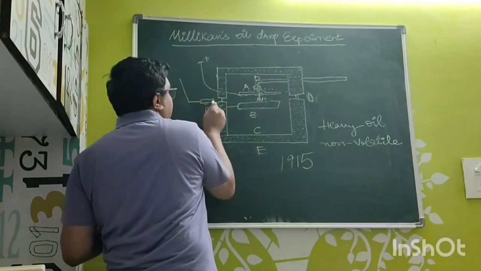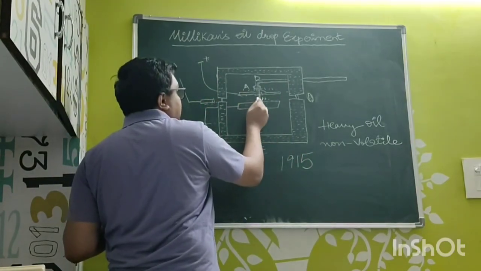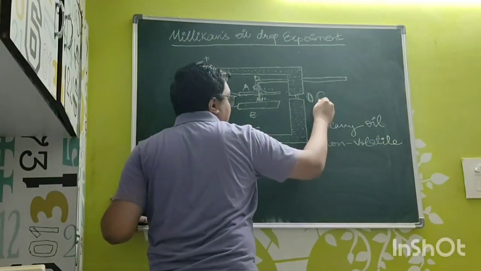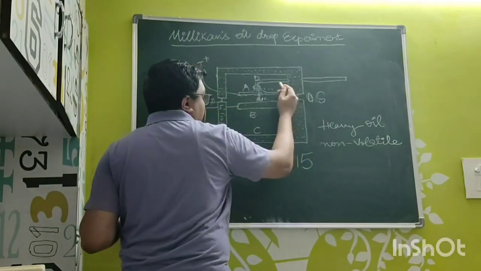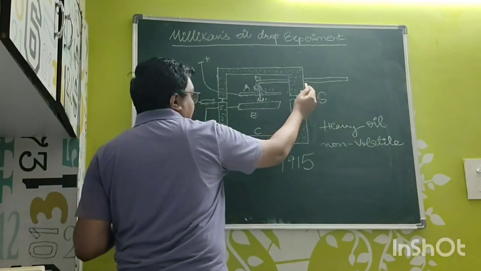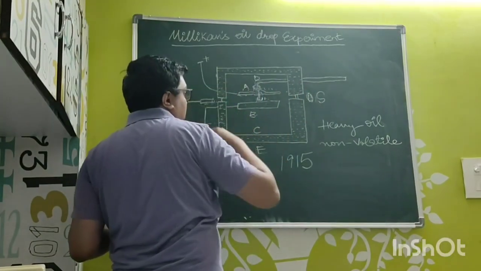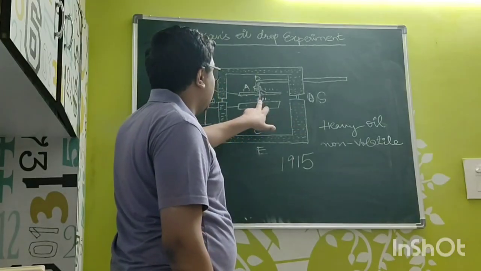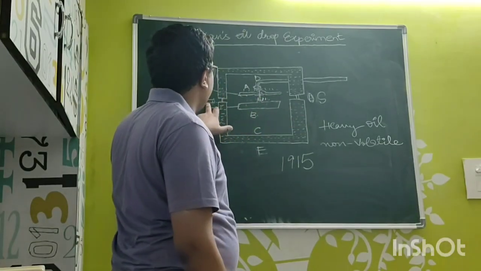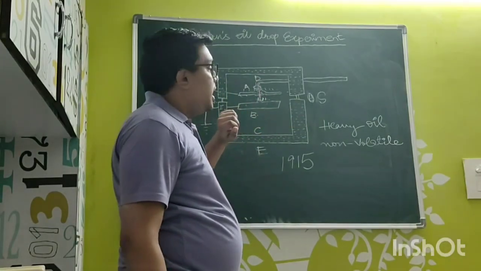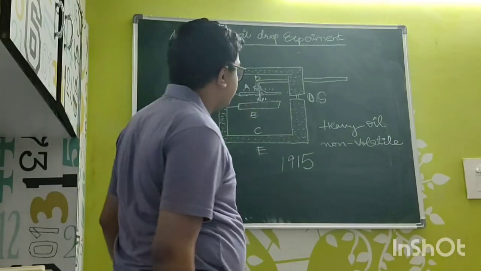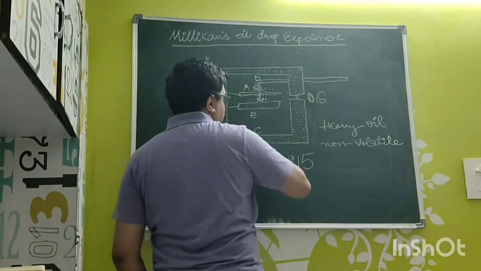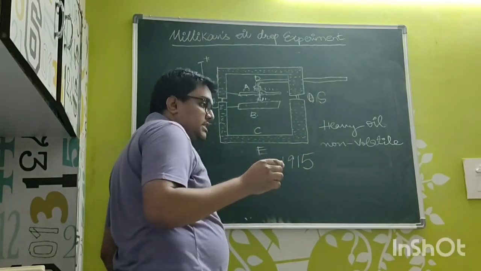Here is a small telescope through which we can see oil particles, and this is an arc lamp S. The light of the lamp falls on the oil droplets, and then we can see them and find out their nature. Now let's start the experiment.